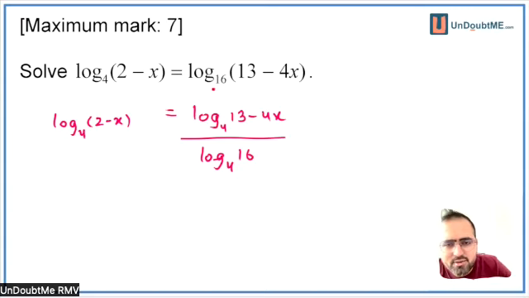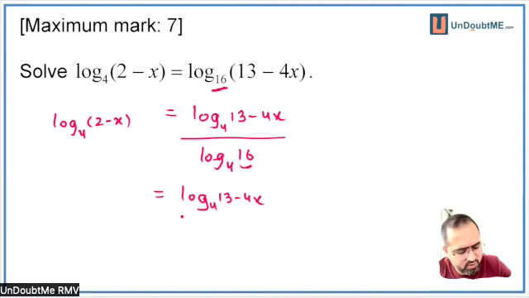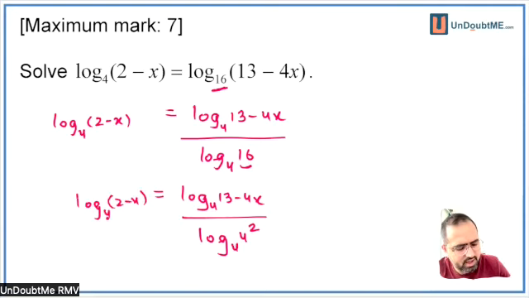Because it was evident that we have 16 over here, that is a power of 4. So this 16 can be written as 4 square, and in the denominator, I'll be left with 2 only. So the next step is log of 13 minus 4x to the base 4 divided by log of 4 square to the base 4. On the other side, I will keep it as it is.